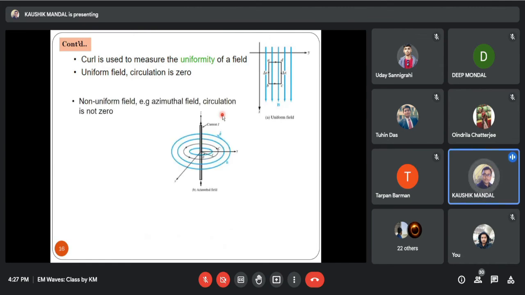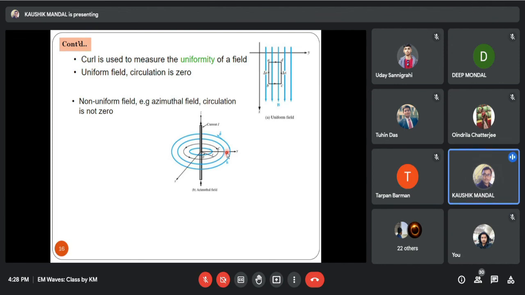In case of a non-uniform field, for example this azimuthal field, the circulation will not be 0. We are considering a current carrying conductor. Due to this current carrying conductor, the magnetic field distribution is not uniform because it varies with respect to the distance from the conductor.